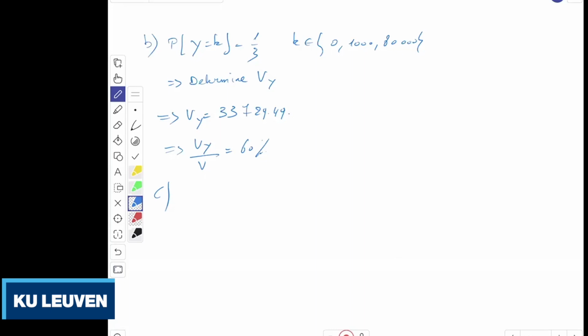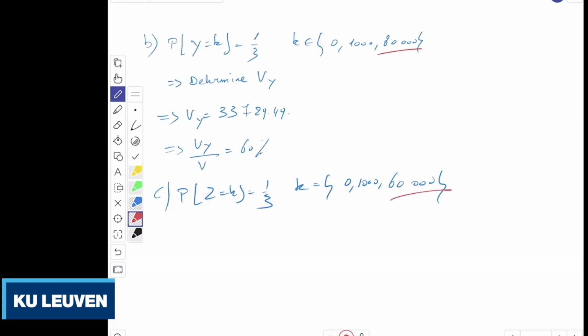You say, well, we want to do more of this. And we want to reduce even more, and we call it the value Z, the random variable Z. Again, we have 3 outcomes, but now 0, 1,000, and the maximum amount is 60,000. Right, so 0, 1,000, 60,000. We say, well, we want to again have that reduction of 40%, so let's reduce a bit more.